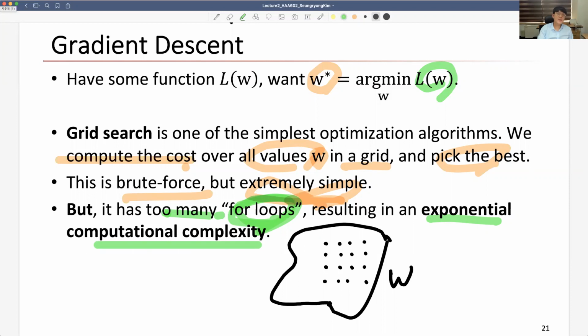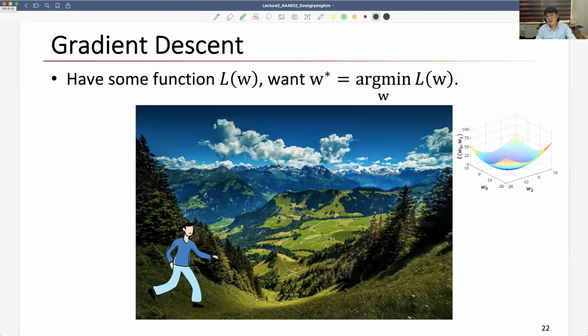So we need a more efficient and effective way to solve this optimization problem, right? That's why we need to introduce the gradient descent algorithm. Okay, so what is the gradient descent algorithm? Maybe most of you have heard about it, right? Then what is the main idea of the gradient descent algorithm?